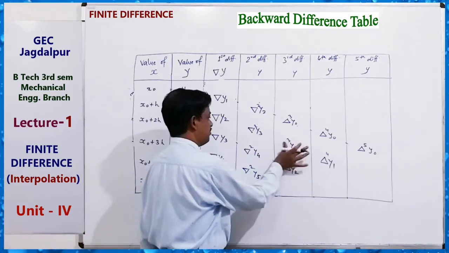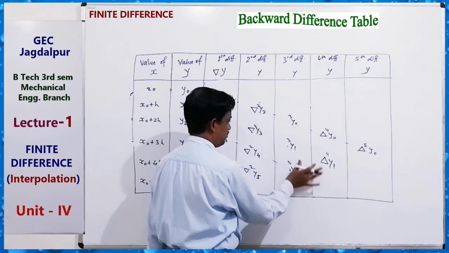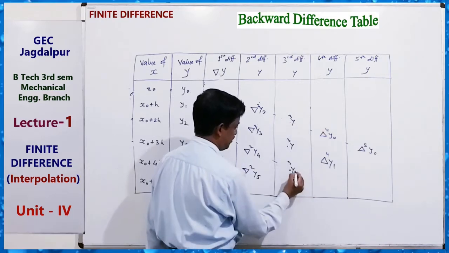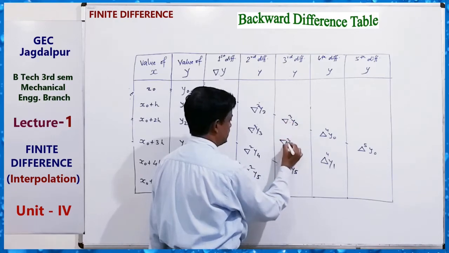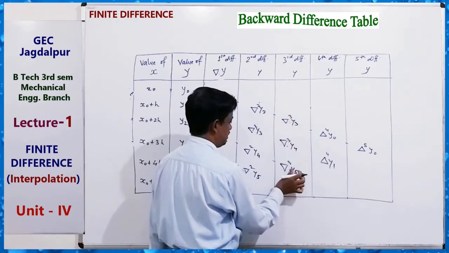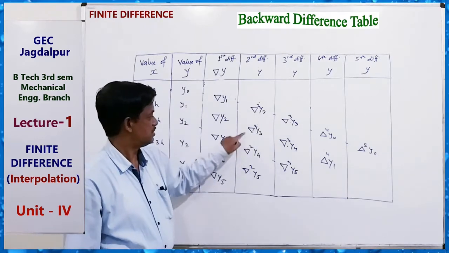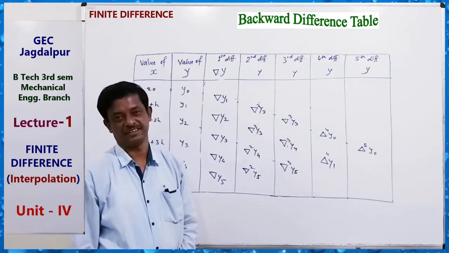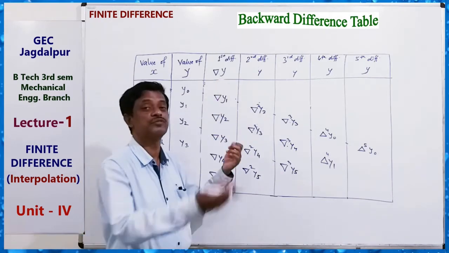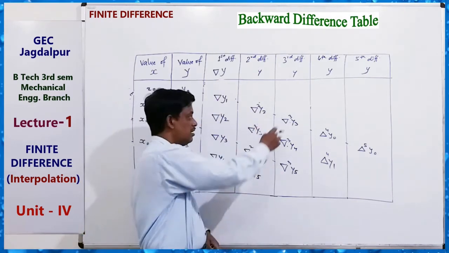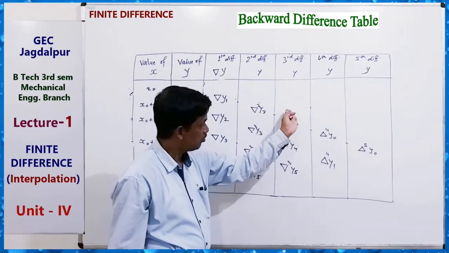Just the same. Here the notation is from 5, 4, 3, backward difference. Whatever the value here, you just have to subtract this from this, and that will represent backward del cube y3.